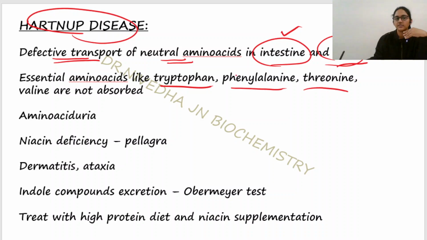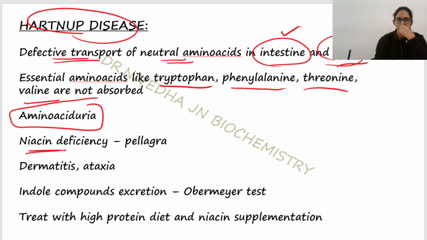Tryptophan, phenylalanine, threonine, valine are all excreted, which leads to aminoacidurias. Also there is niacin deficiency because you don't absorb tryptophan, so enough tryptophan is not there for niacin synthesis, which leads to pellagra-like symptoms. Other common manifestations are dermatitis and ataxia, and indole compounds.